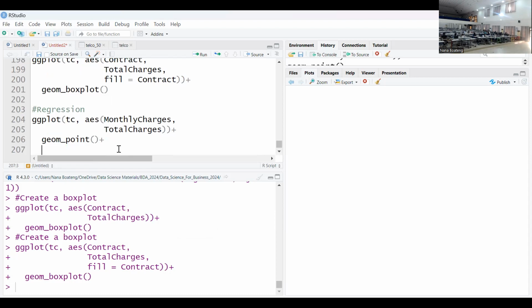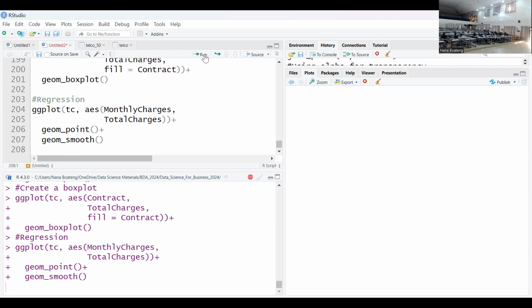Okay, this one is called geom smooth. Okay, let's run this. My stuff is really, really slow.